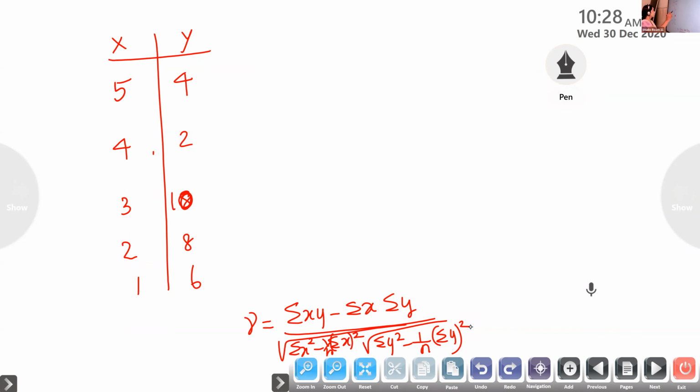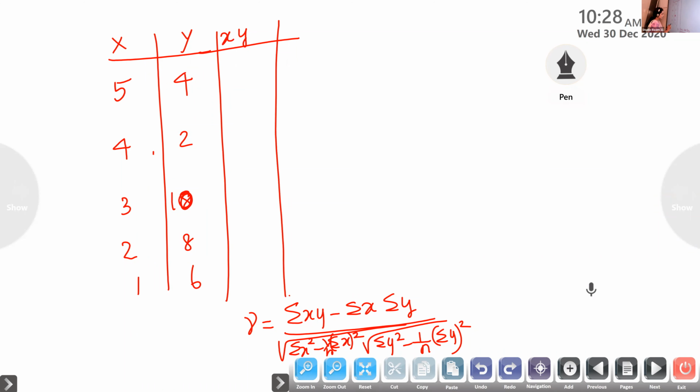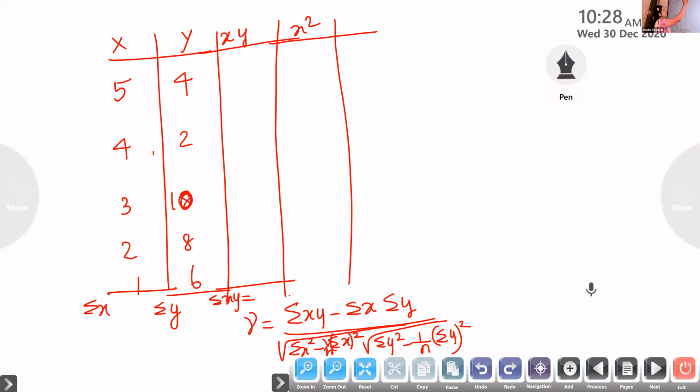So first find out what is x into y. So from here you can find out what is sigma x. Here you can find what is sigma y. Here you can find what is sigma xy. Then find out what is x square. Then find out what is y square.